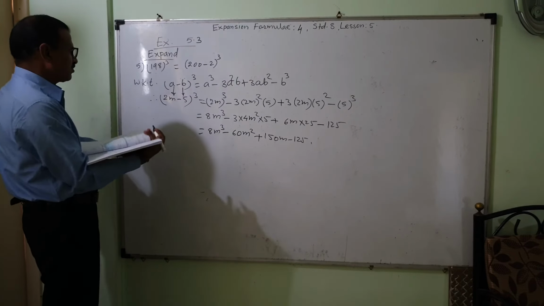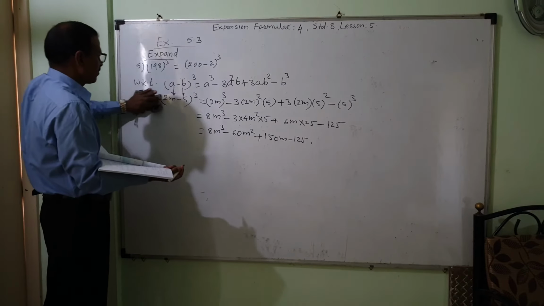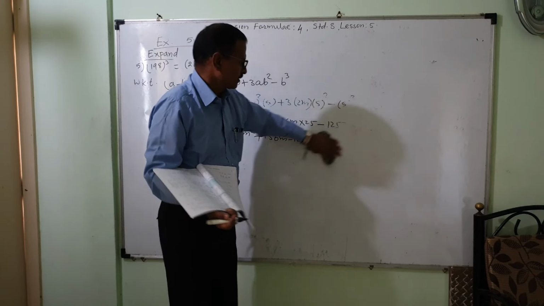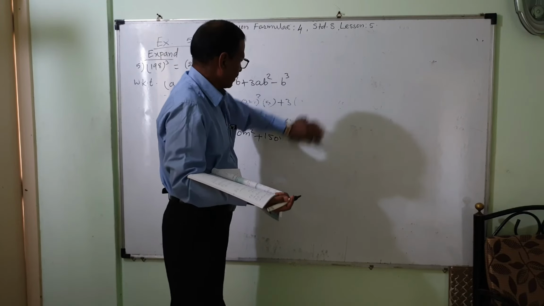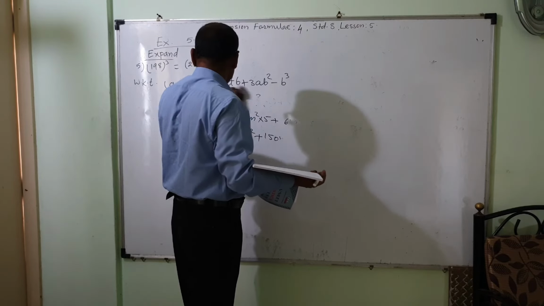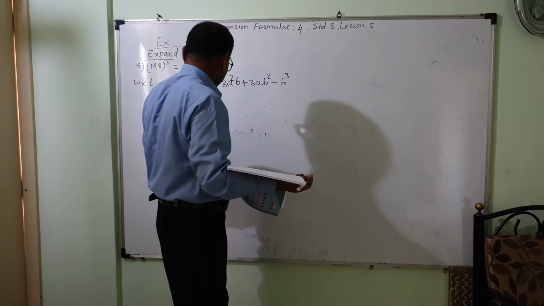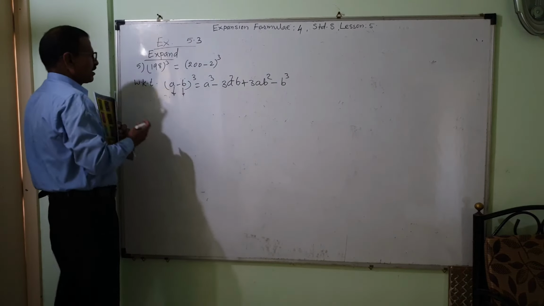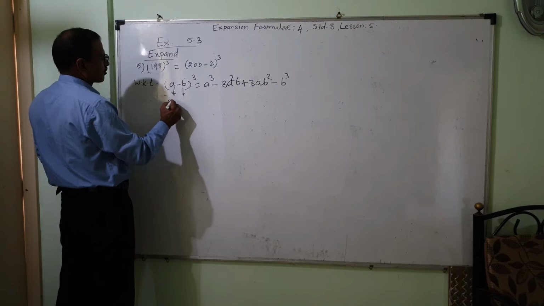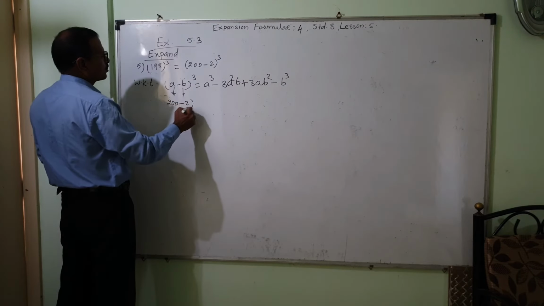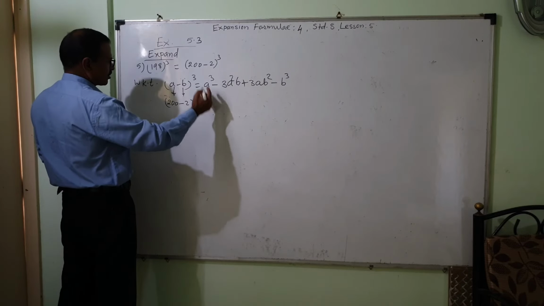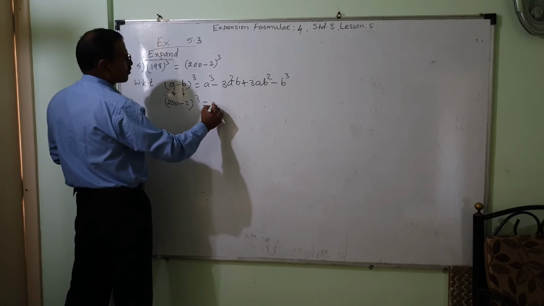And then I can use this formula, (a − b)³. So here I will write (200 − 2)³. That is equal to a³, means 200³.